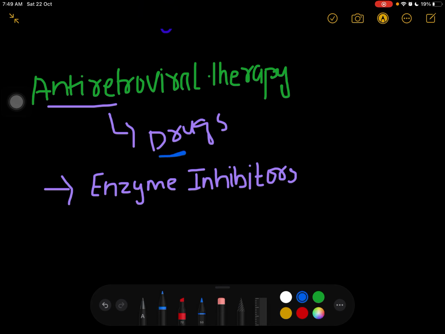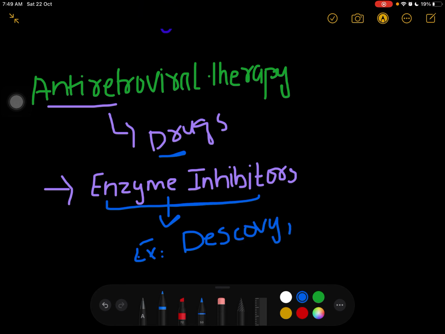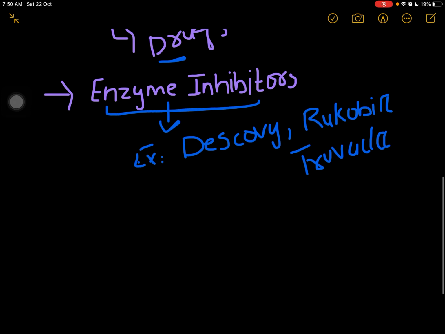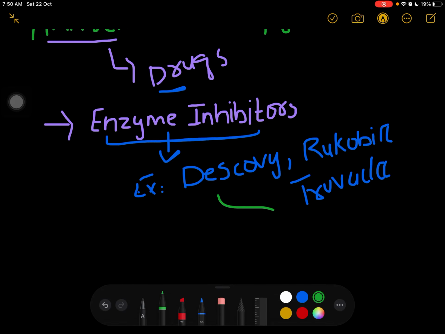So we make certain drugs and we use enzyme inhibitors in them. For example, we have Descovy, Rukobia, and Truvada. These are drugs which are made with enzyme inhibitors.